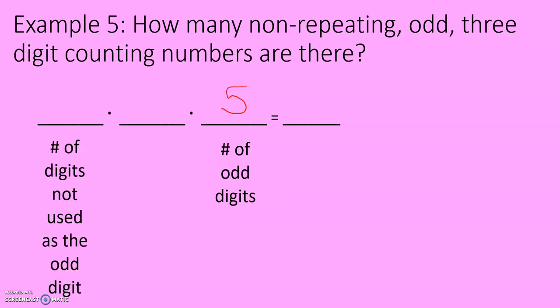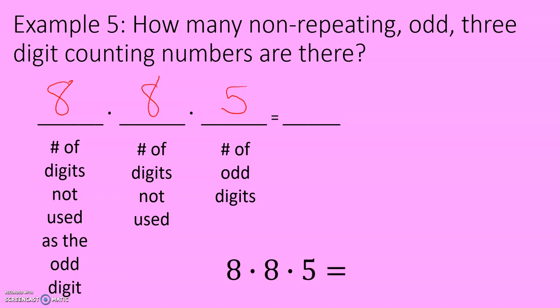Number of digits not used as the odd digit: we have the numbers 0 through 9, which gives us 10 digits. We used 1 for the odd one, and we are not using 0 in that first spot, so there are 8 available. 8 times 8 times 5 equals 320.